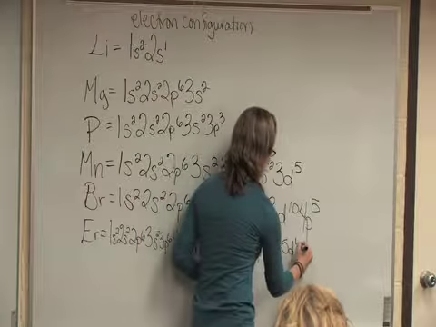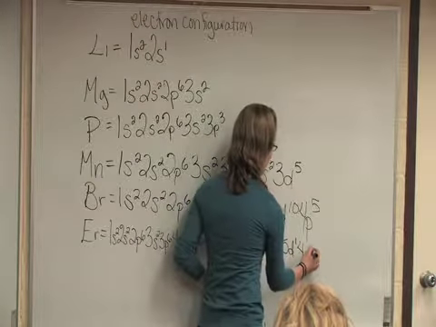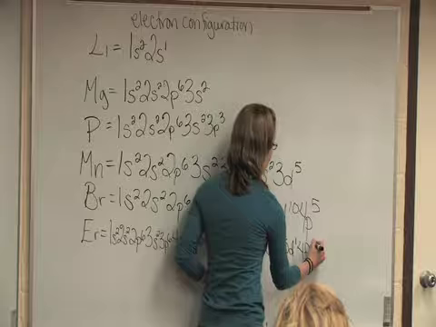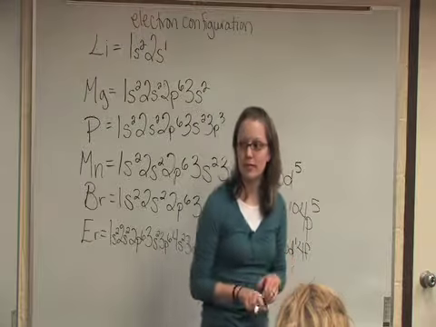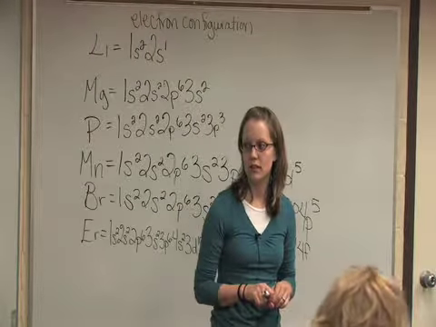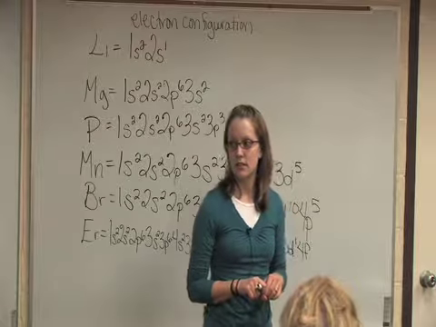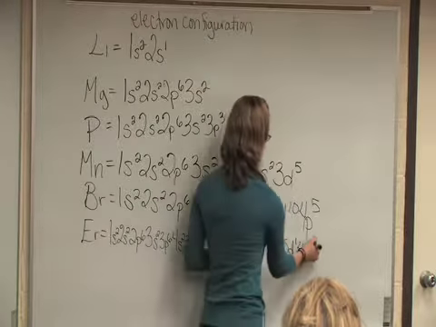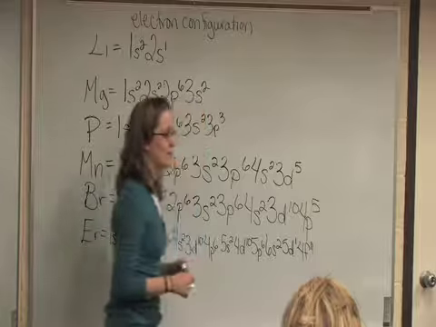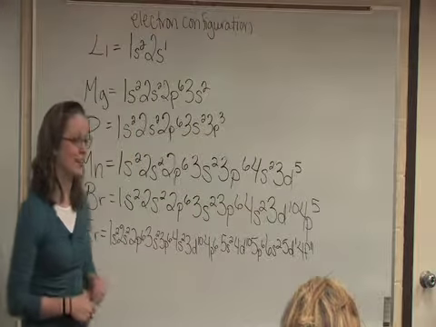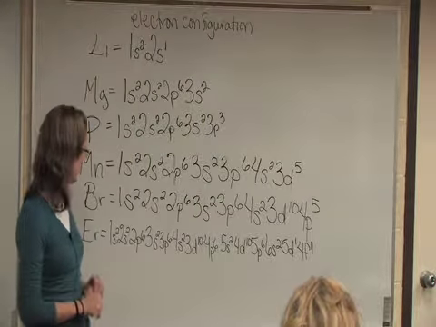So then it sunk down again, so that's 4, F. Going to 68 there. 11. Yep, 11. That's the electron configuration for erbium.